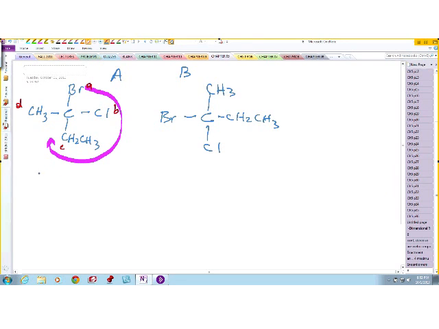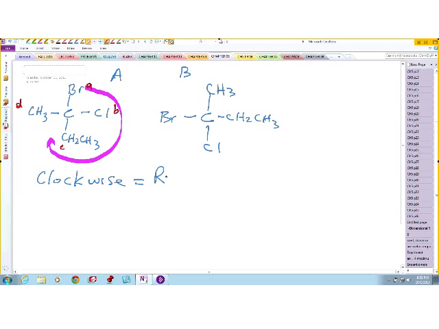Clockwise motion, right? Clockwise motion is R.